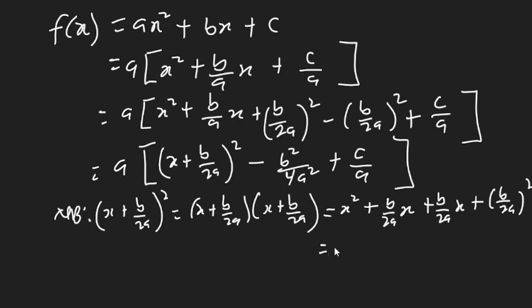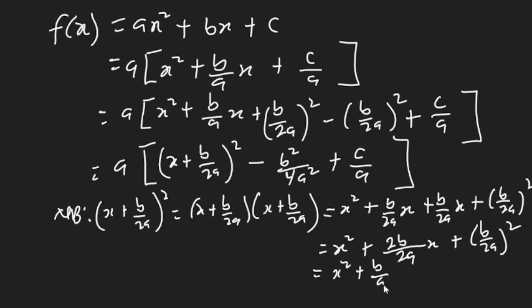This gives us x squared plus b on 2a x plus b on 2a x. They have a common denominator of 2a. So therefore, we add the numerators. So b plus b is given as 2b all on the common denominator 2a x plus b on 2a all squared. 2 will cancel 2, leaving b on a x plus b on 2a all squared.